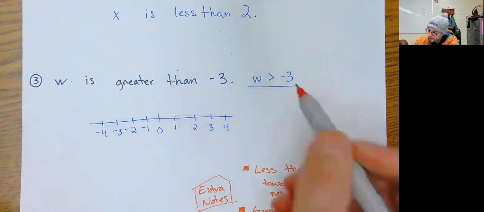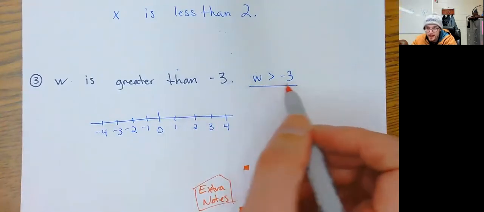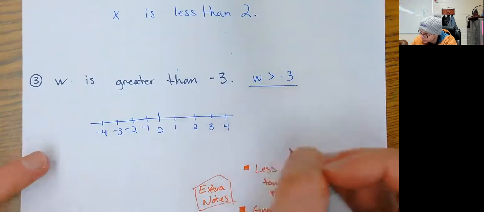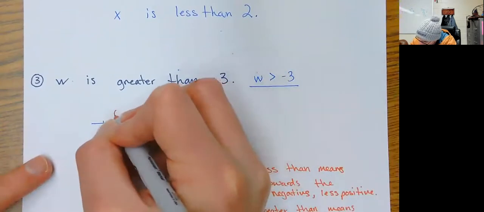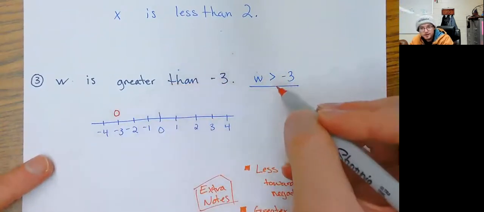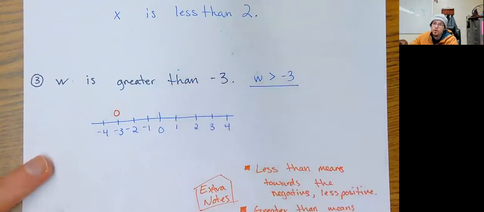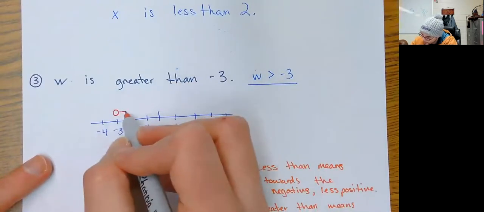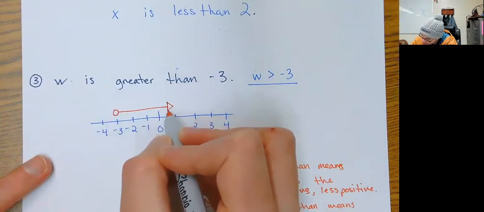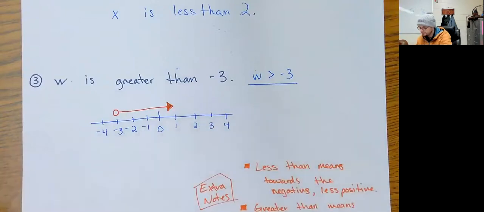So we're going to put an open or a closed circle. Well, there's no dash, so it should be an open circle. So we're going to put an open circle above -3. Now it's greater than. Greater than means becoming more positive. So we're going to get more positive. All right. So there's the graph.